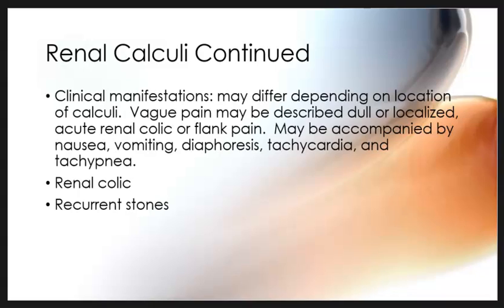This is renal colic. The patient may develop nausea, vomiting, diaphoresis, tachycardia, and tachypnea. Once the stone reaches the bladder, the patient usually reports significant relief in pain. And patients with frequent recurrent stones may develop scar tissue within the kidney, and this may develop into chronic kidney disease if it continues.